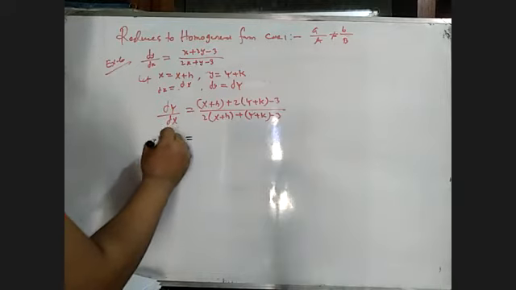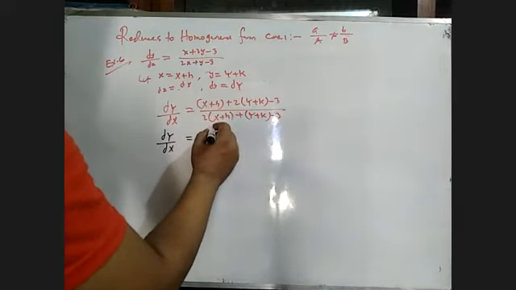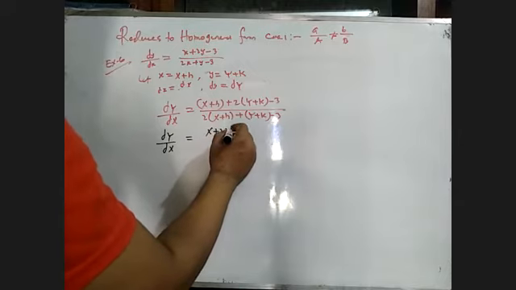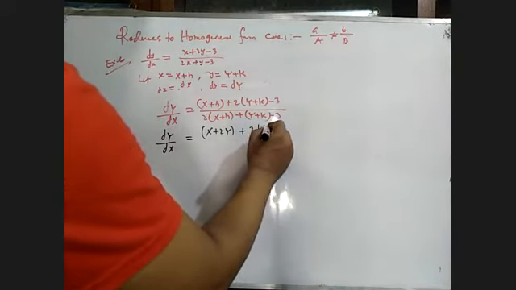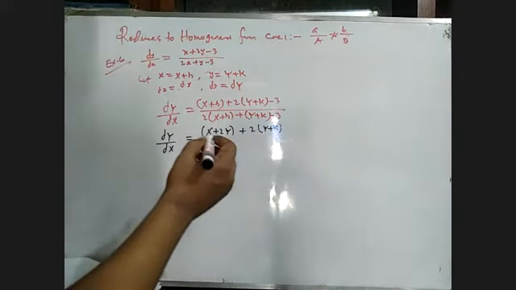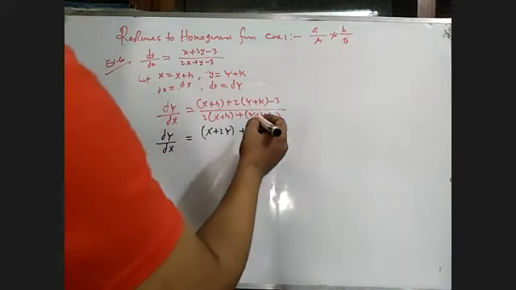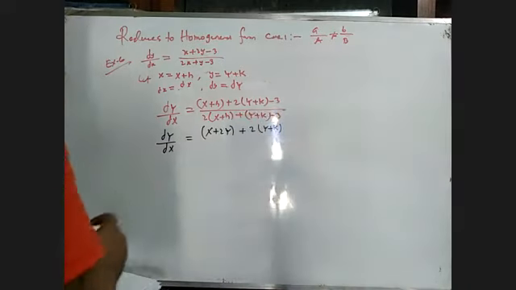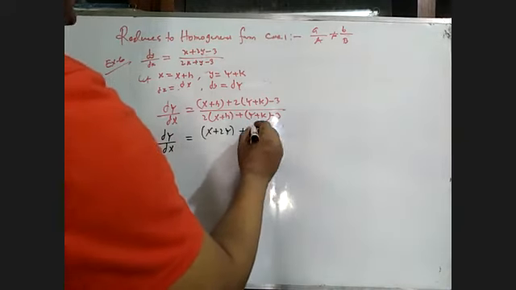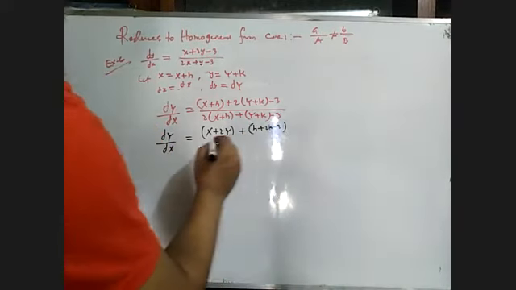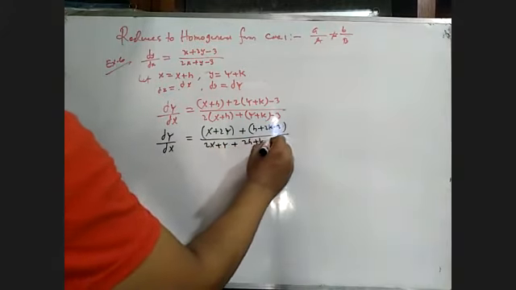So this can be written as X plus twice Y plus h plus 2 into k, another constant, all will be constant: h + 2k − 3, and here 2X + Y + 2h + k − 3.